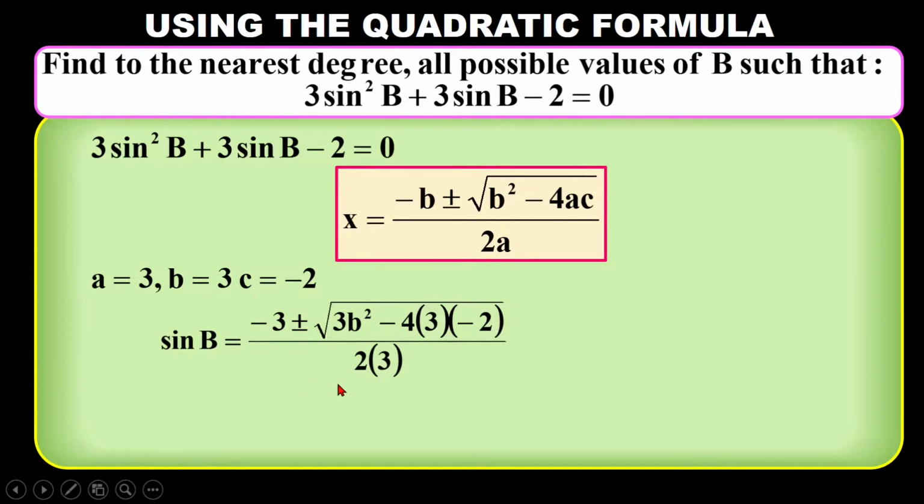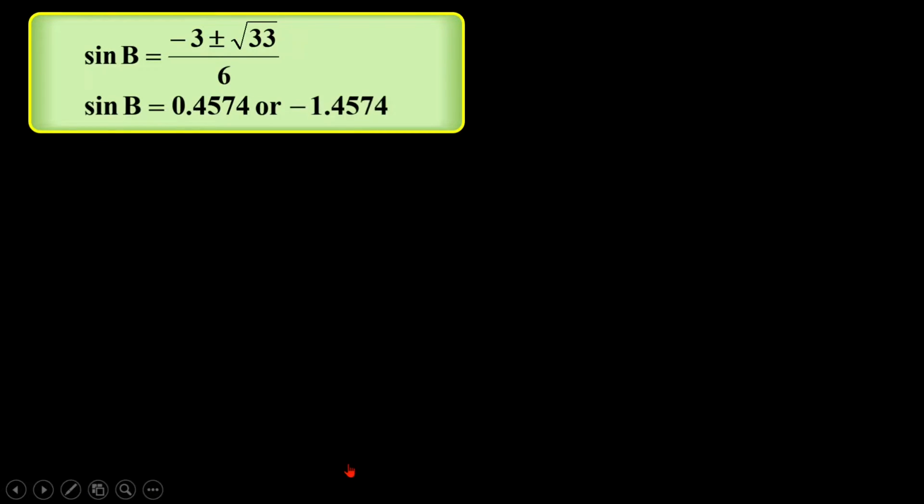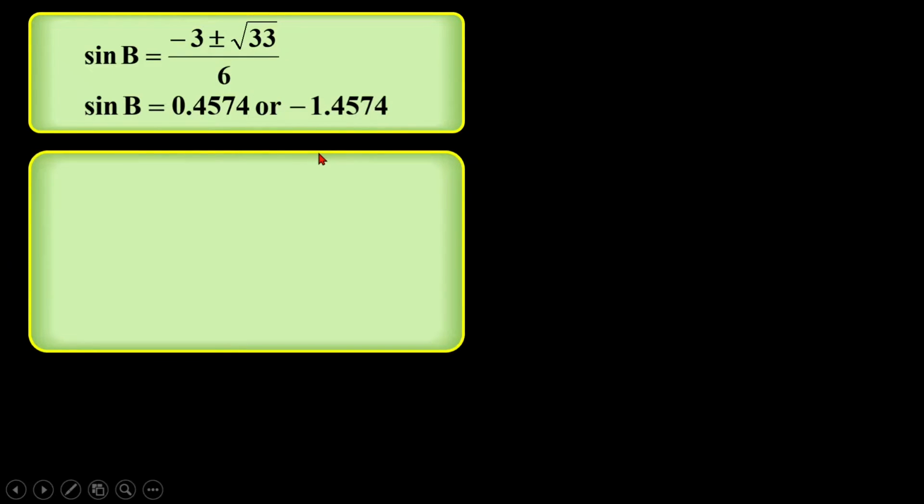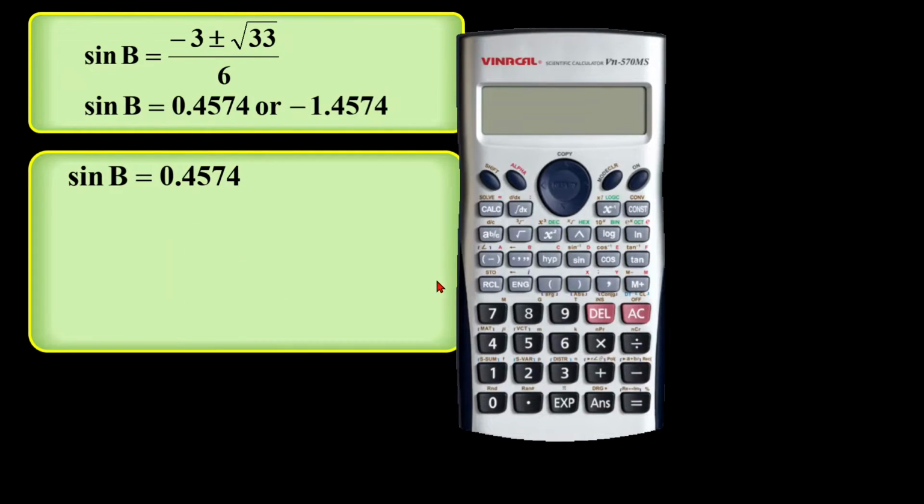Okay, with this, I will have an answer something like this. And I will press the calculator, and I will get something like this. I will have two sets: 0.4574 or negative 1.4574. Now, for the first part here, for sine B equals 0.4574, like usual, I will press the calculator.